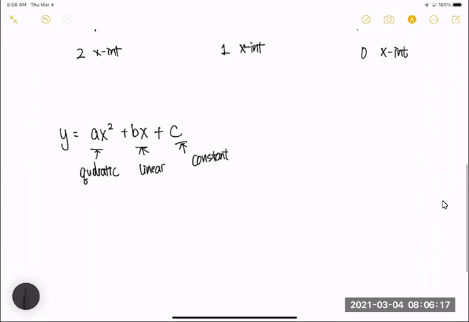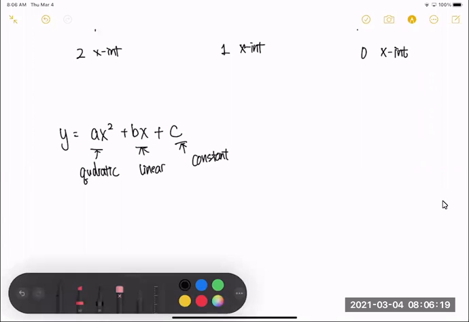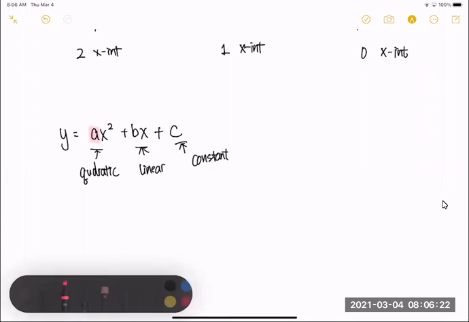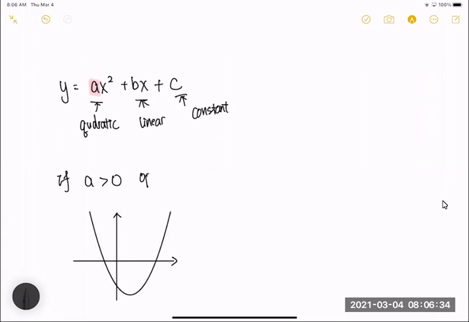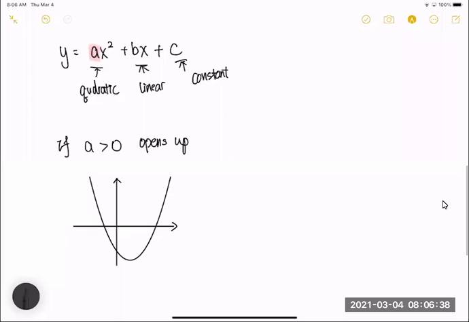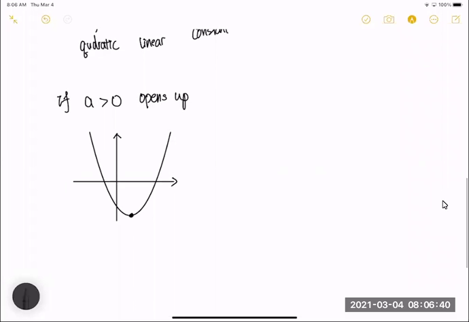Okay, so if a is greater than 0, the graph opens up. If it opens up, that means you will have a minimum, right?